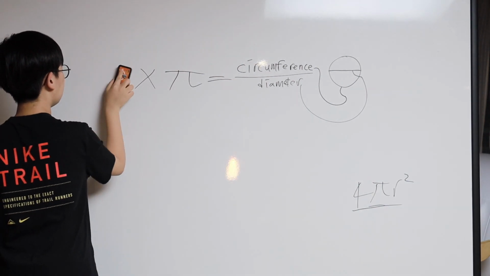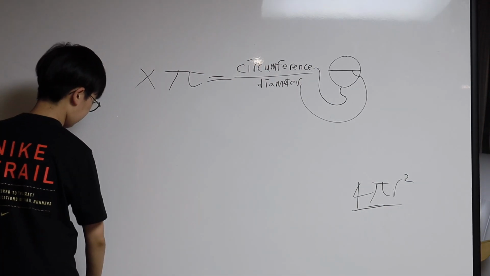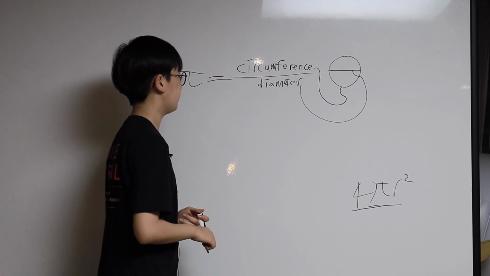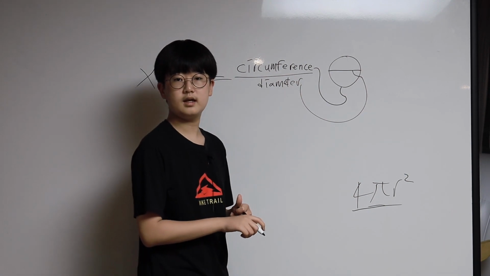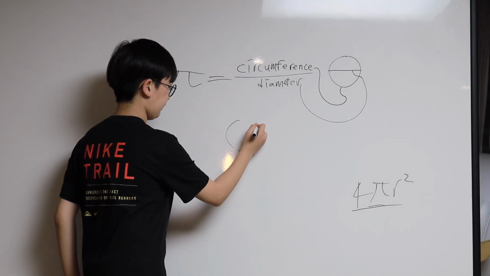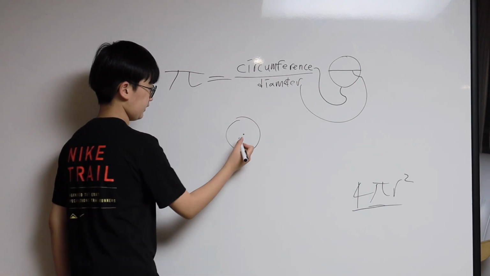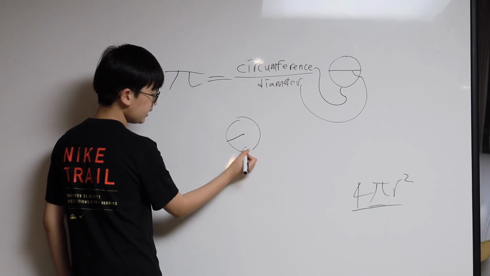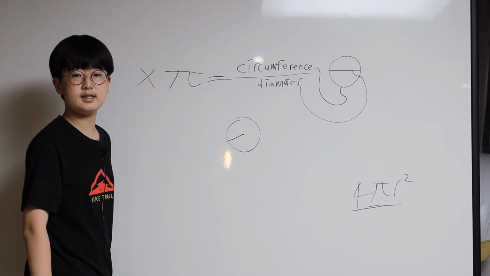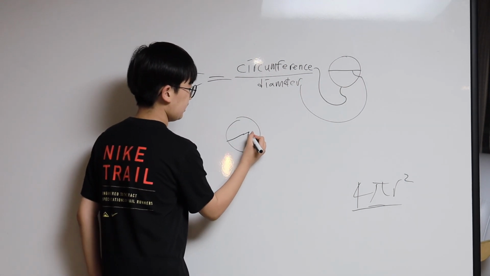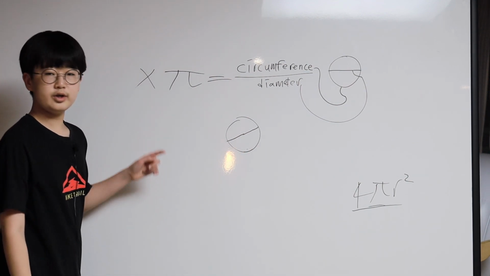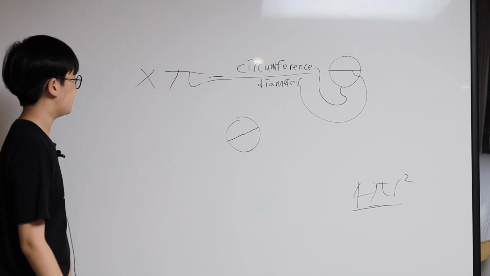Actually, there's a better way. If there's a circle, and here's the center of the circle, this is a radius, and that makes the diameter 2 times the radius.